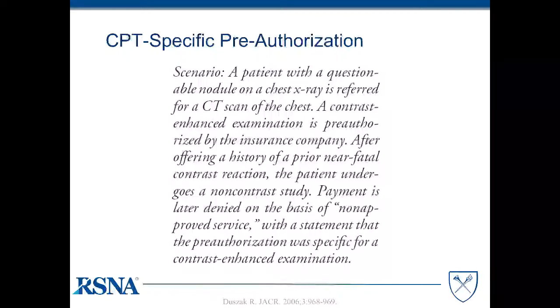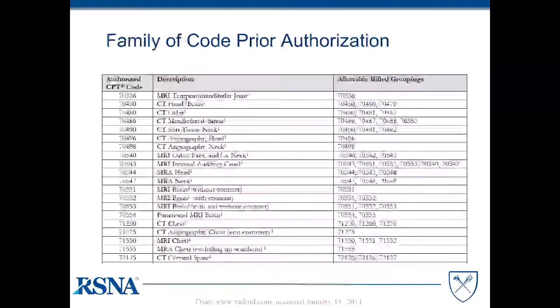But after offering a history of a prior near-fatal contrast reaction, the patient, under the direction of the radiologist, undergoes a non-contrast study. Payment is later denied on the basis of non-approved service with a statement that the pre-authorization was specific for a contrast-enhanced examination. That's what I call deauthorization. We'll talk about that some more in an upcoming module on dealing with the problematic order.